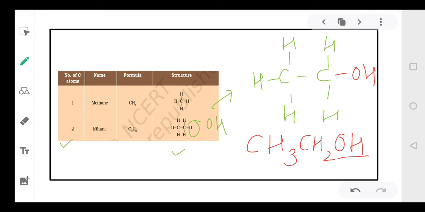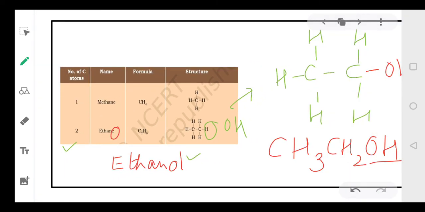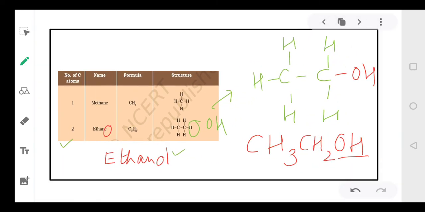The E of ethane has to be replaced with OL. So ethanol. The name of this compound is ethanol.